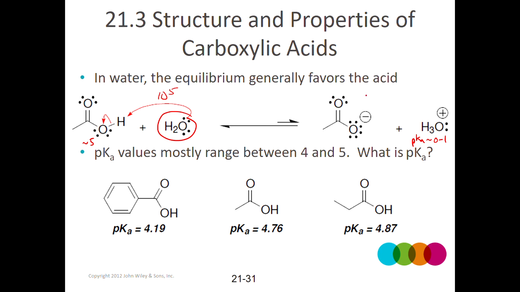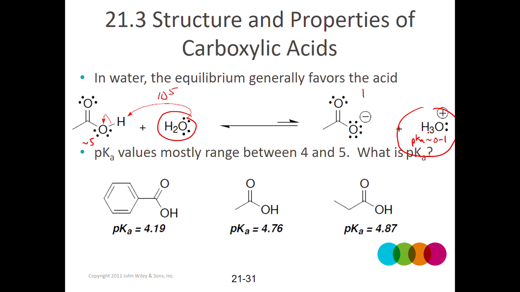So 10 to the 5th to 1, that's still producing a fair amount of products. Not really that much compared to the reactants, but it's enough to affect the pH of the solution. Right? And that's why we get pHs usually somewhere lower than 7, because we're producing significantly more H3O plus than would normally be present in pure water.